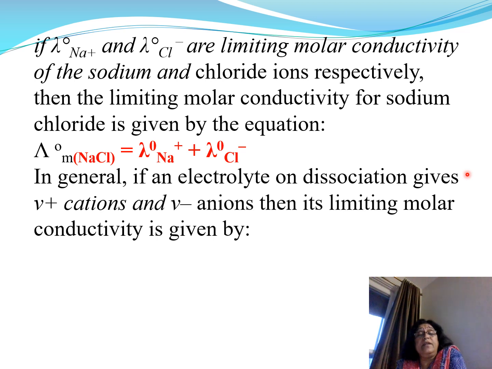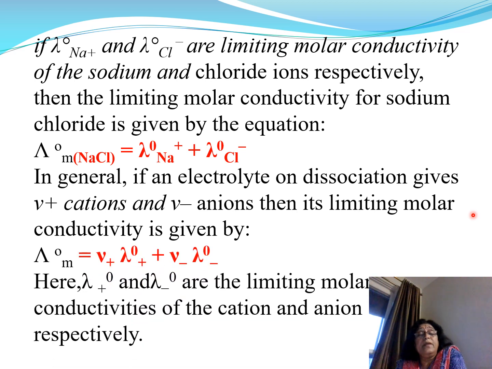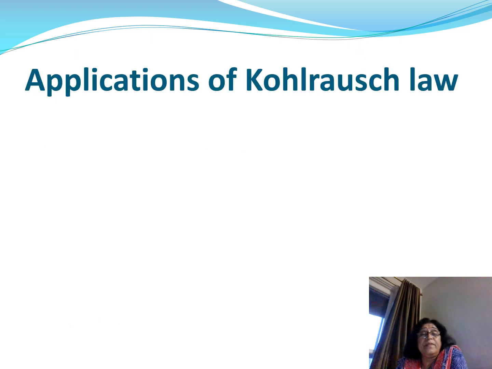So in general, if an electrolyte on dissociation gives nu plus cations and nu minus anions, then its molar conductivity at infinite dilution is equal to nu plus lambda naught plus plus nu minus lambda naught minus, where lambda naught plus and lambda naught minus are the limiting molar conductivities of cations and anions respectively.